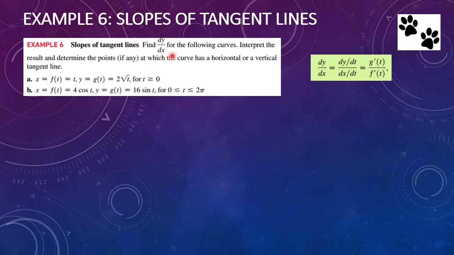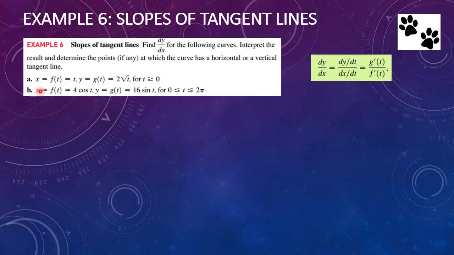Find dy/dx for the following curves, interpret the result, and determine the points, if any, at which the curve has a horizontal or vertical tangent line. Remember that the slope of a horizontal line is 0 and the slope of a vertical line is undefined. So if we're looking at this ratio, the slope will equal 0 when the numerator is 0, and the slope will be undefined when the denominator is 0.